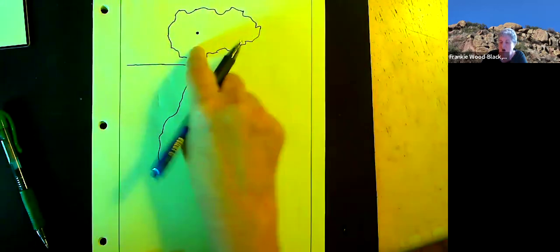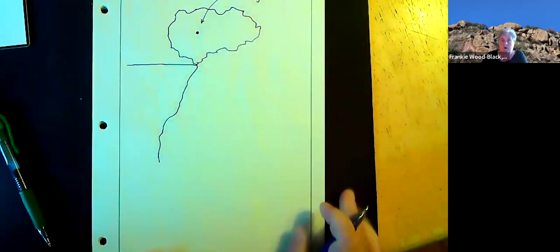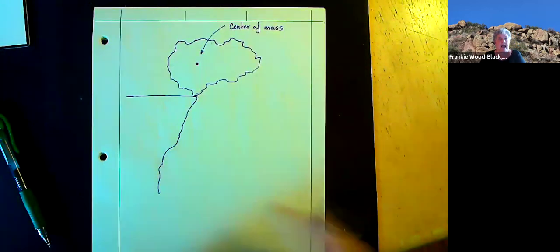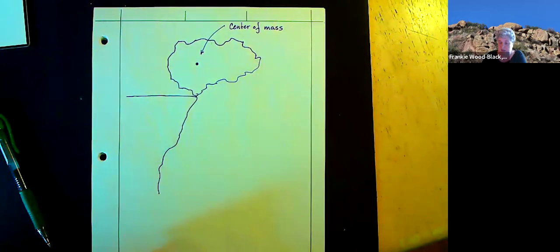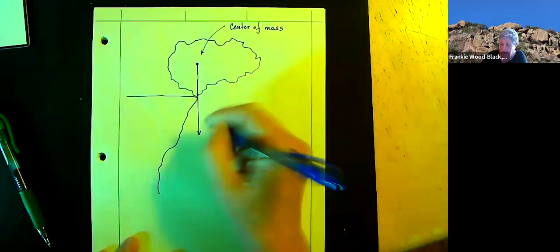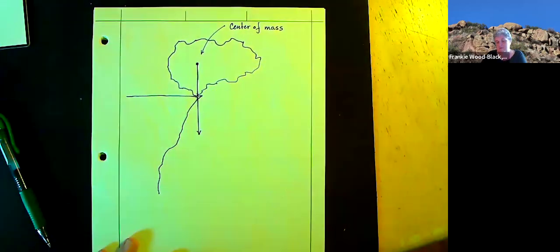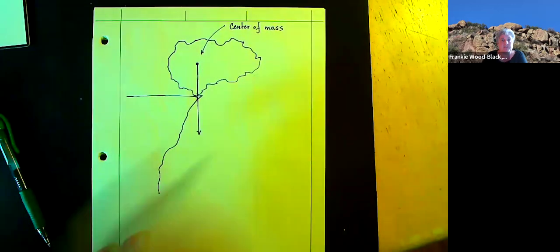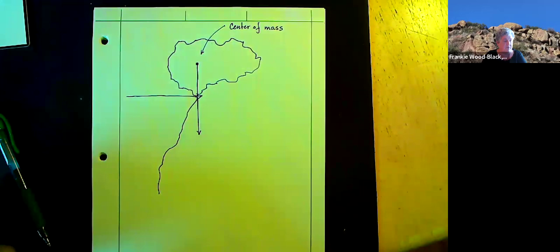Because one of the things from Newton's laws is that all the mass is going to act like it's going through what we call the center of mass. And we're going to see in a later chapter actually how to calculate that center of mass. But as long as this center of mass is over the point, over my shelf here, this object is not going to fall over. And we've been able to see that.